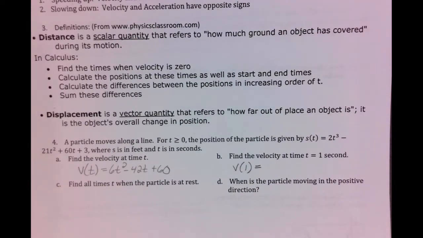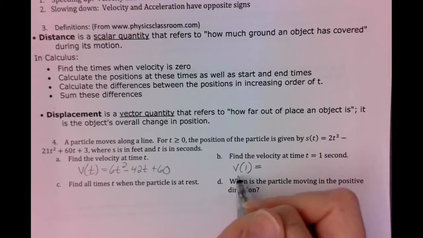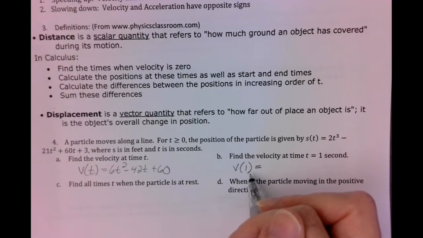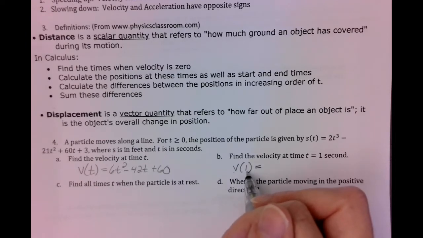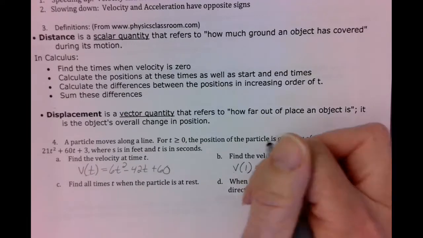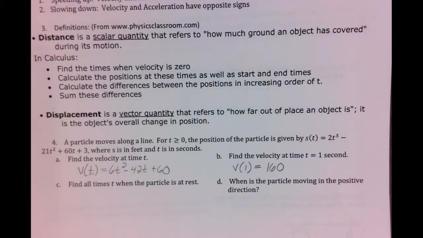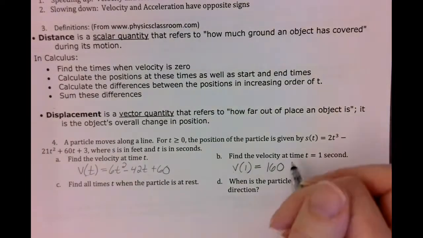I am allowed to say v of 1, and this tells me, especially on graphing calculator oriented problems, I'm analyzing this function at a value of 1. And whether you do it by hand or on your calculator, you get 160 feet per second, because that is a unit rate.